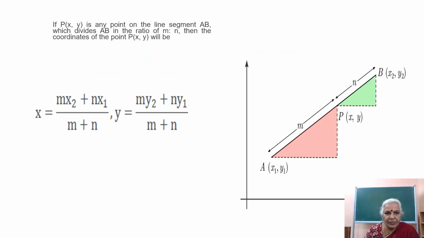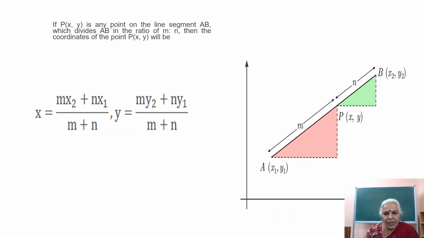Now one more slide. If P(x, y) is any point on the line segment AB, which divides AB in the ratio of m is to n, you can take it as m and n, or you can take it as m1 and m2. Then the coordinate of the point (x, y) will be x equal to (m x2 plus n x1) by (m plus n), and y is equal to (m y2 plus n y1) by (m plus n).